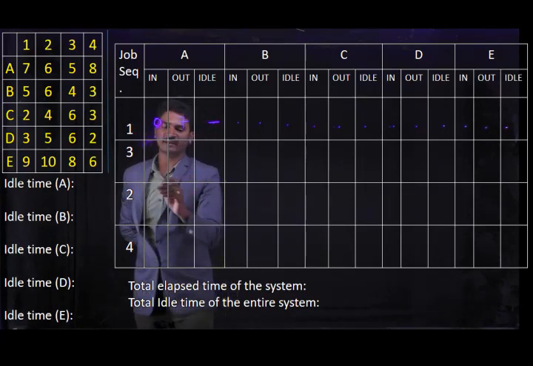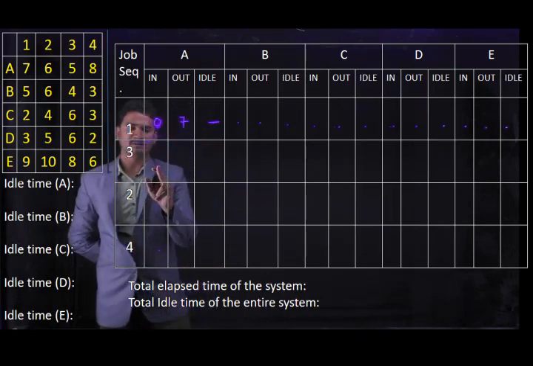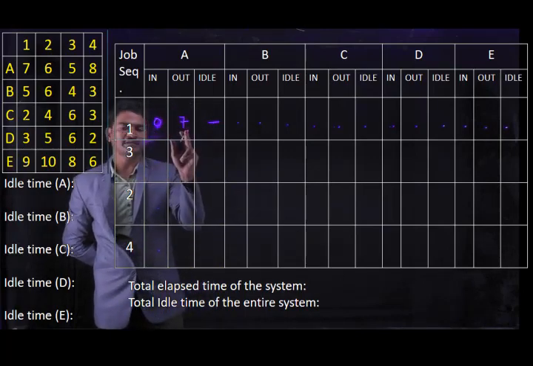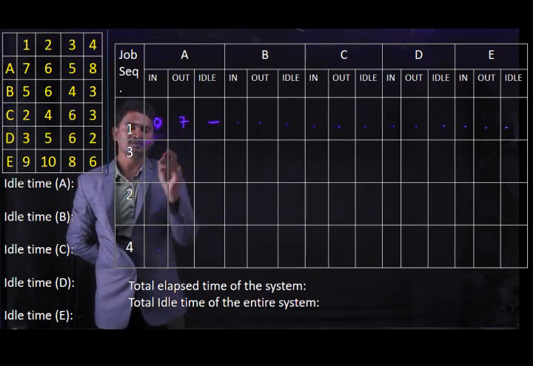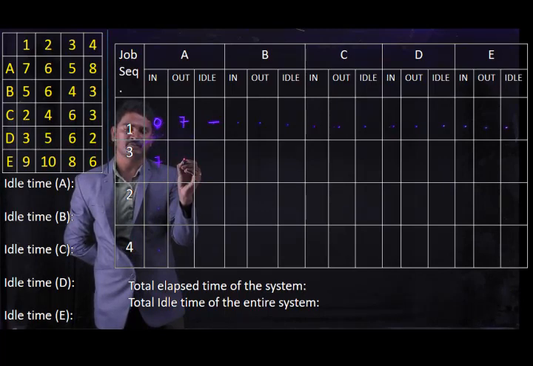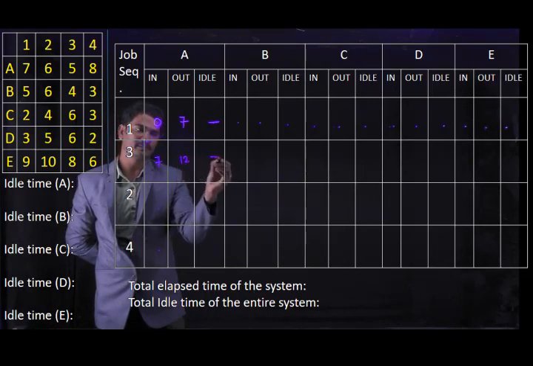Next, coming to the third job at mission A. Here the processing time is 5. After 7 hours only we are going to start. Here the starting time is 7. Then we take the processing time, which is 5 hours, so total is 12 hours. There is no idle time.